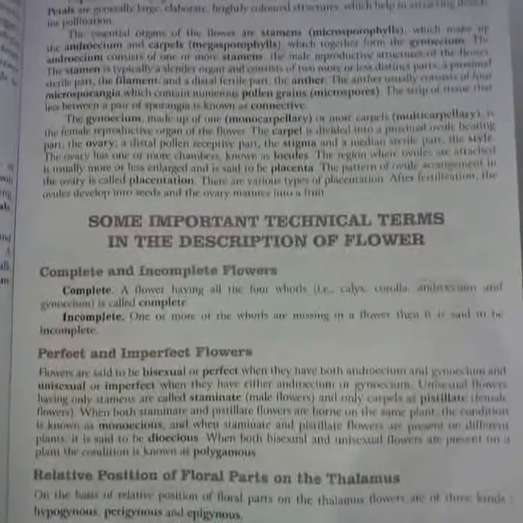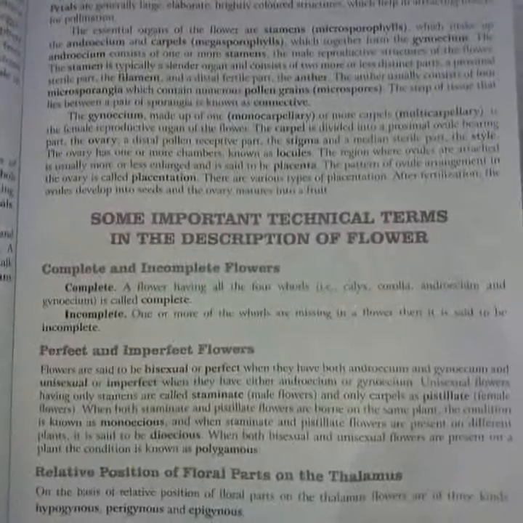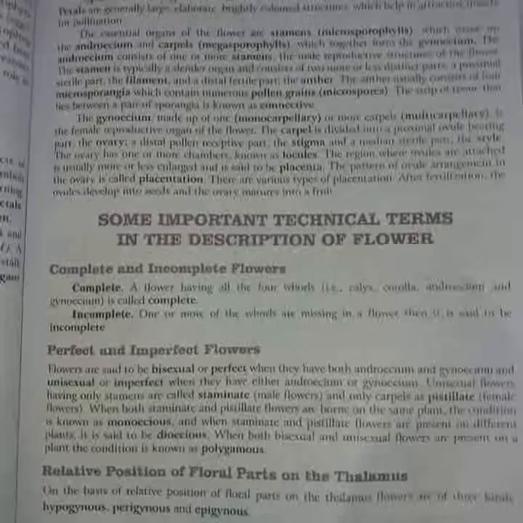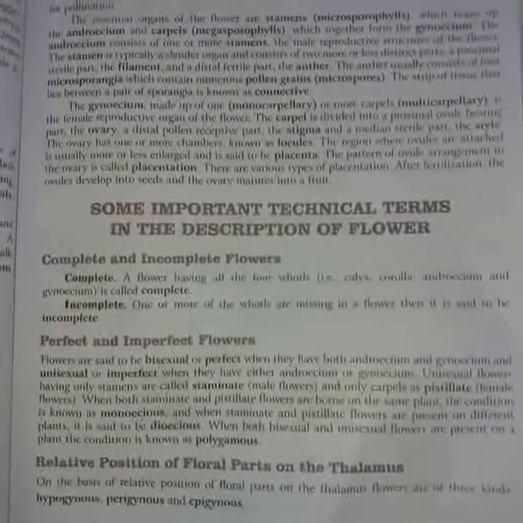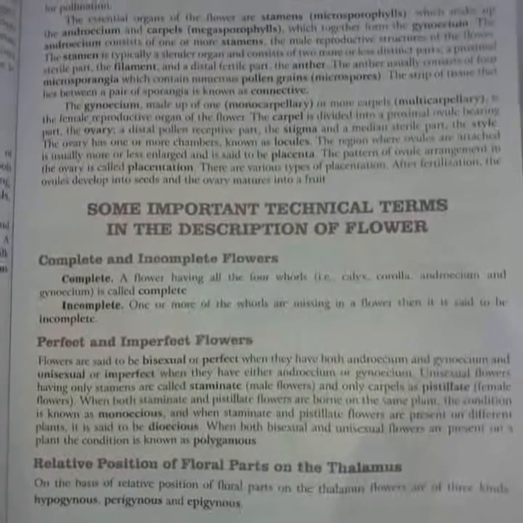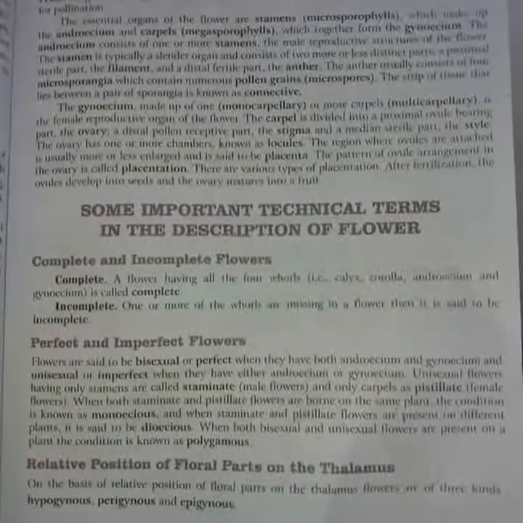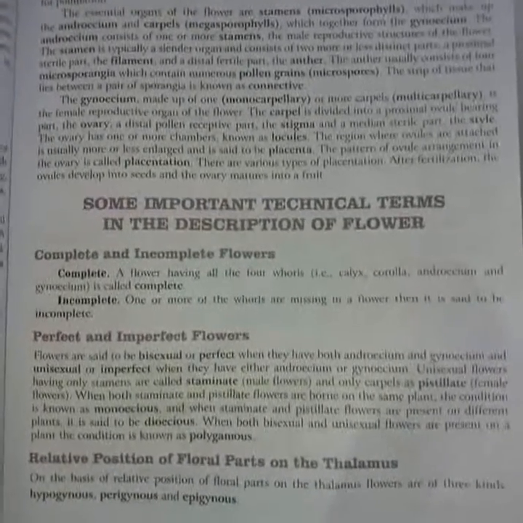You know that 4 whorls means calyx, corolla, androecium and gynoecium present in round series. Mostly all flowers are complete flowers.